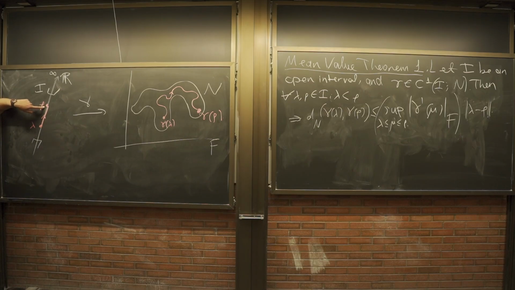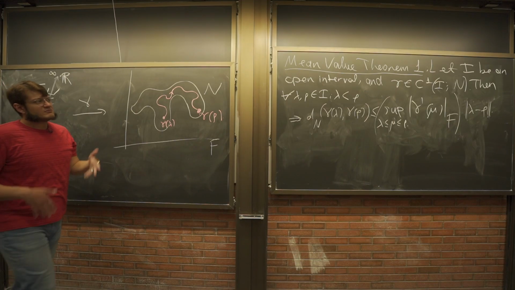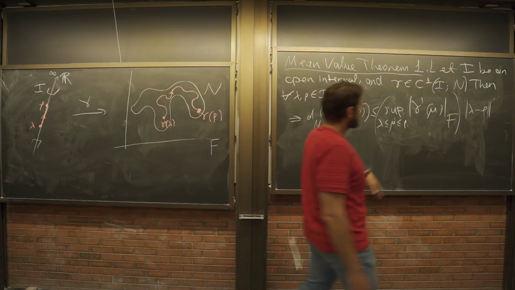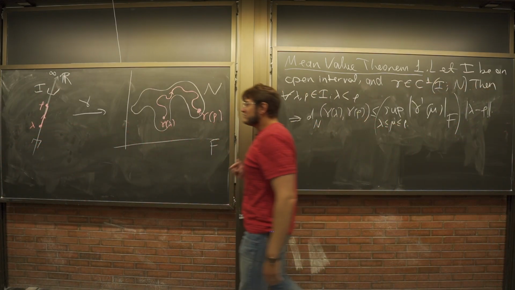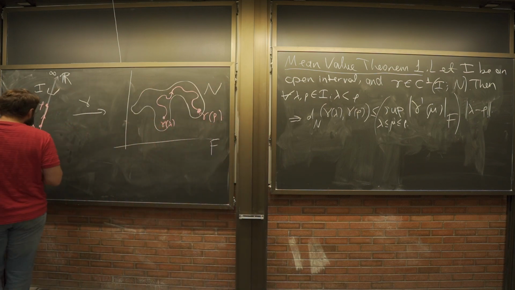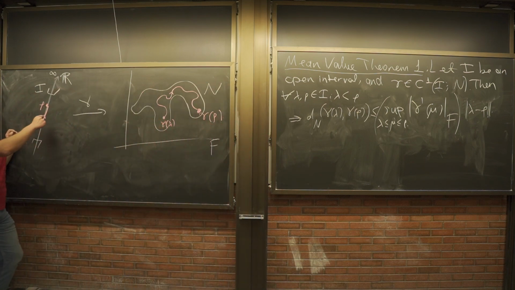That's how they would state the mean value theorem. You can do it that way too. But this is somewhat nicer to state. You see, I don't need to say many things. I just assume that this function is C1. It works. And another thing is that I don't need to worry about differentiability at these endpoints.